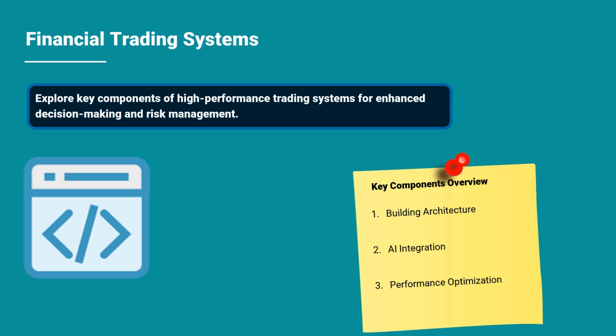The iterative nature of model building fosters continuous testing and optimization, enabling professionals to extract insights from large datasets and make informed predictions. As the field evolves, staying updated with the latest advancements is crucial for maintaining a competitive edge. Now, we will cover the key components and design considerations critical for financial trading systems.